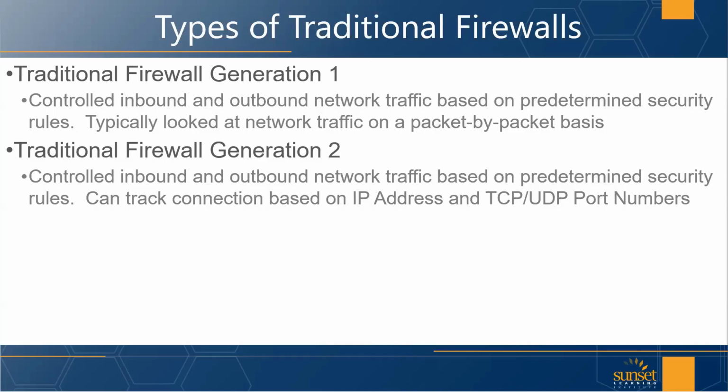So the key difference between Generation 1 and Generation 2 is the ability to track a connection versus packet by packet. In Gen 1, there's no knowledge of anything. A packet comes in, it looks at it, says yes or no. Another packet, yes or no. With Gen 2s, we start looking at flows of packets.